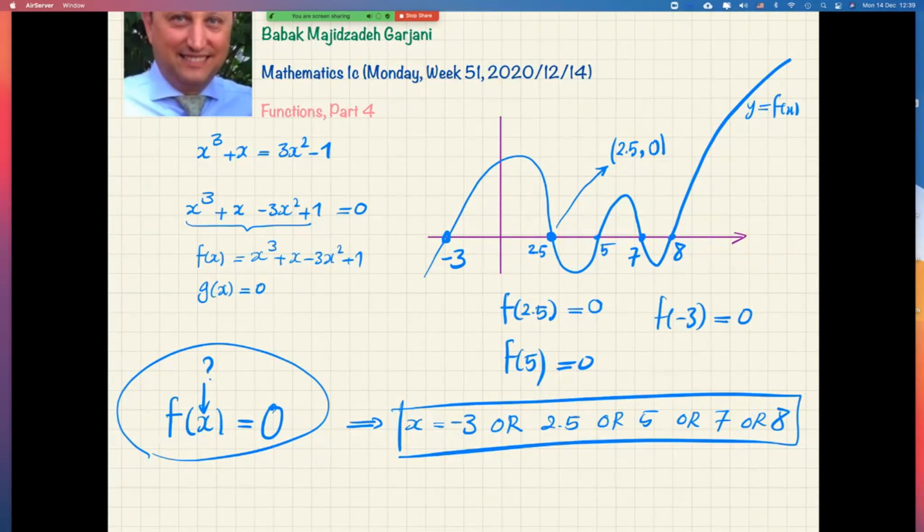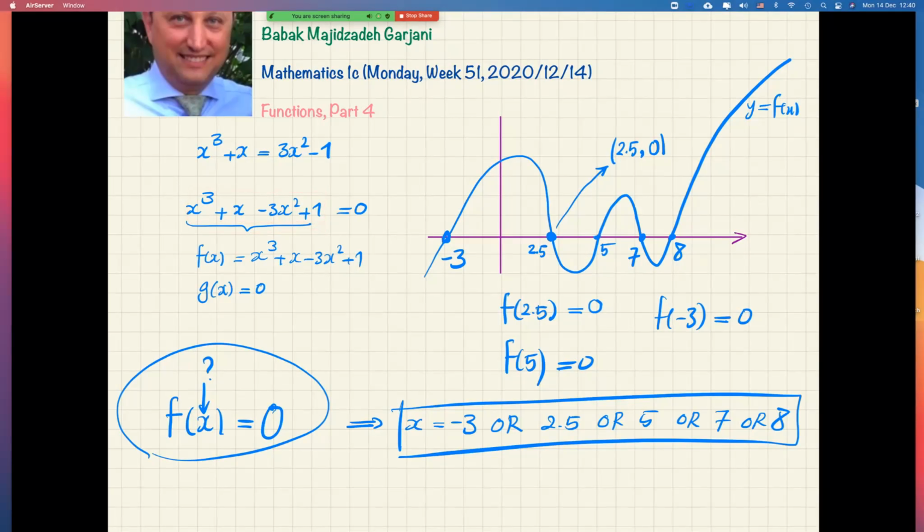This is why we can use GeoGebra to solve this problem. I can draw the graph of this function, which GeoGebra is very good at, and then read the x coordinates of the intersection points. Those are the answers to this equation.